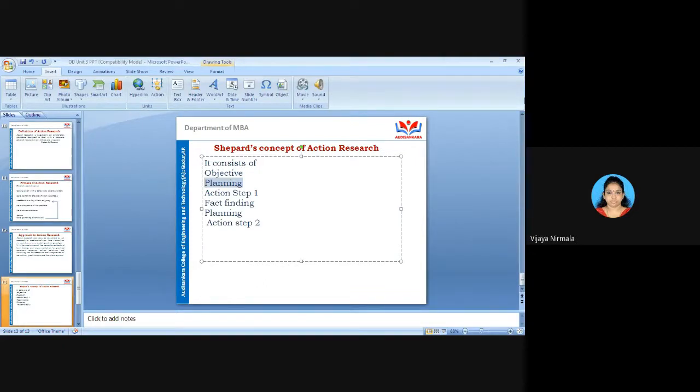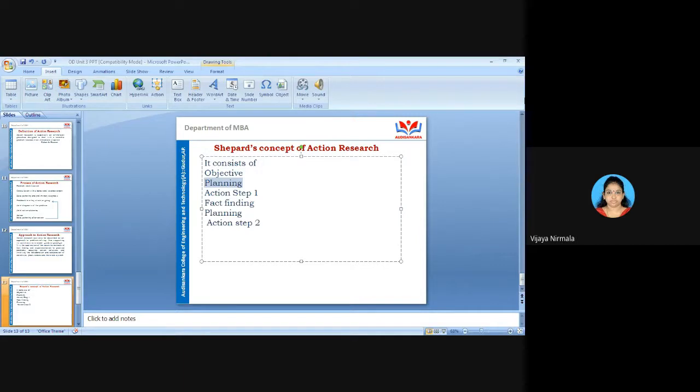And according to Shepherd, first the organization has its own objective, either to change or some other aspect. So according to the objective, they plan. Once it is planned, they move with the action step 1.